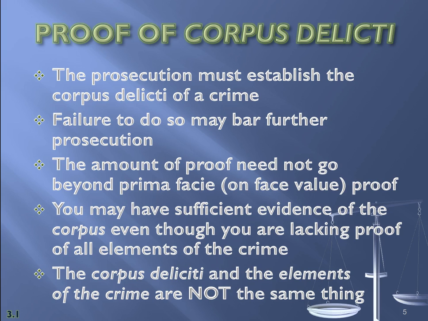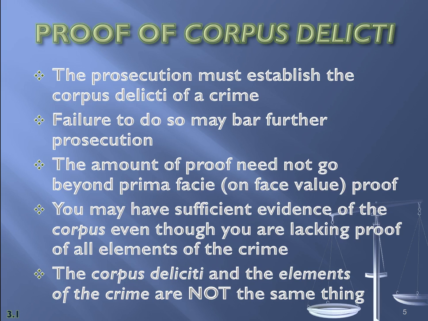Now, the amount of proof needed need not go beyond what they call prima facie, meaning face value proof. Okay, you may also have sufficient evidence of the corpus even though you're lacking proof of all the elements of the crime. So hopefully that makes sense to you as well. And the corpus delicti and the elements of the crime are not the same thing, so let me try to clear it up a little bit further here.